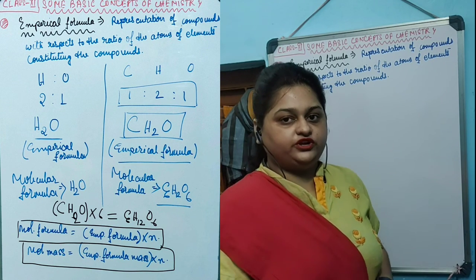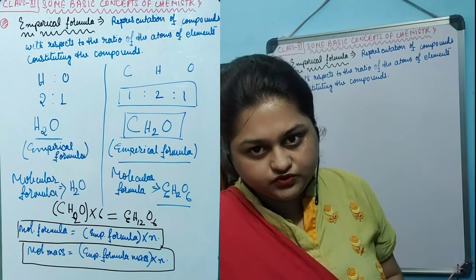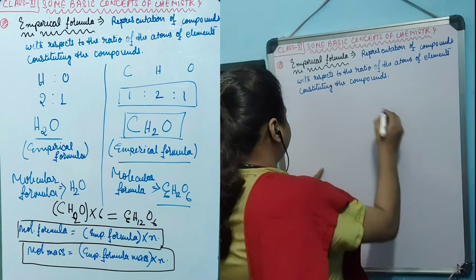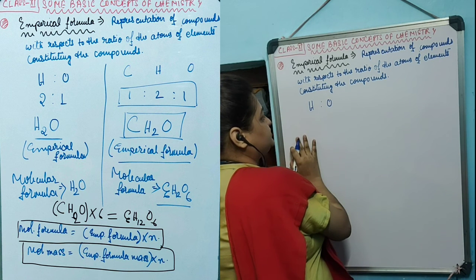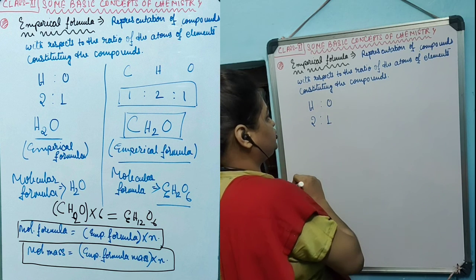Hydrogen and oxygen, when combined with each other, two hydrogen atoms combine with one oxygen atom. You can say that hydrogen and oxygen are combining with each other in a 2:1 ratio.